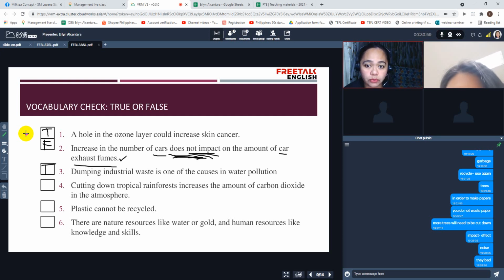I think if we reduce the trees, we have more carbon dioxide and less oxygen. Yes, that's correct. Very good. So is this true or false? True. That's correct. All right. Number 5.